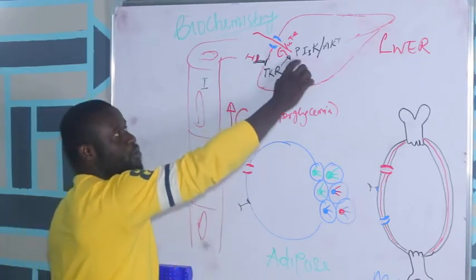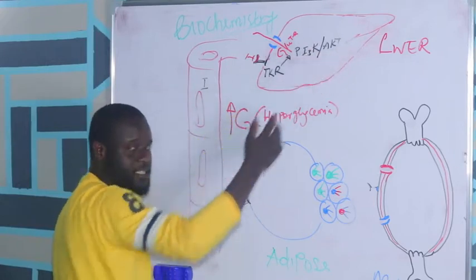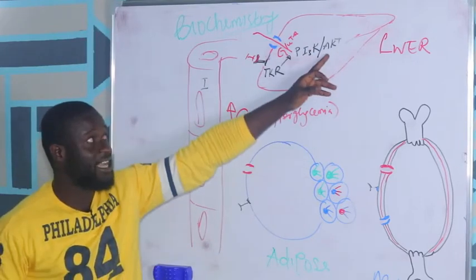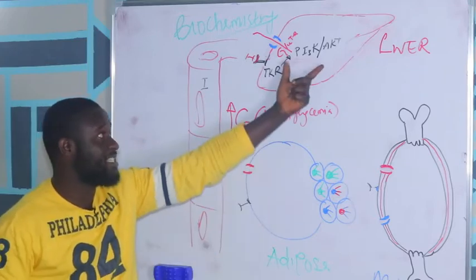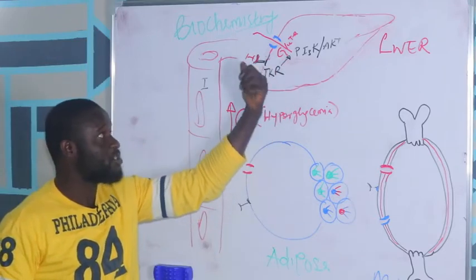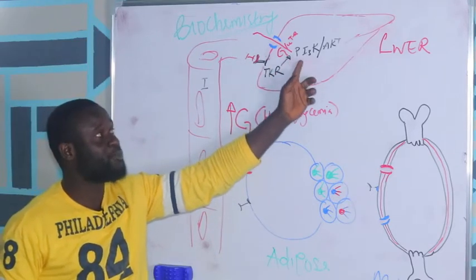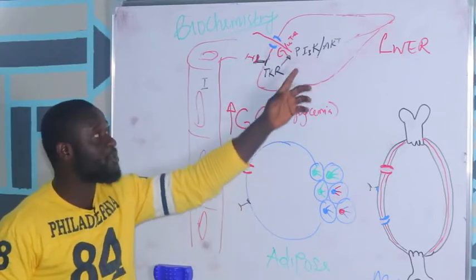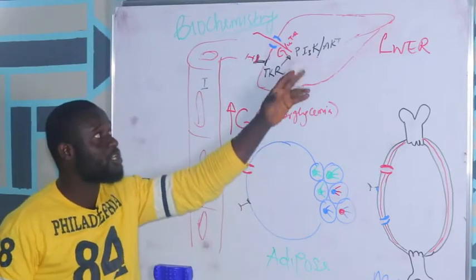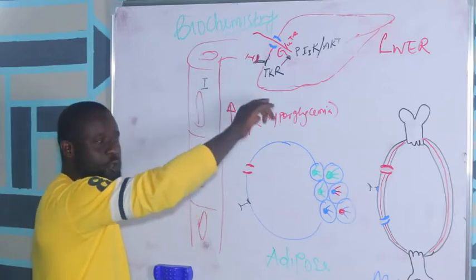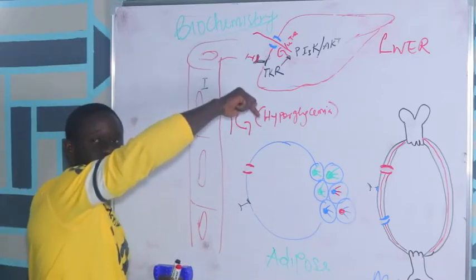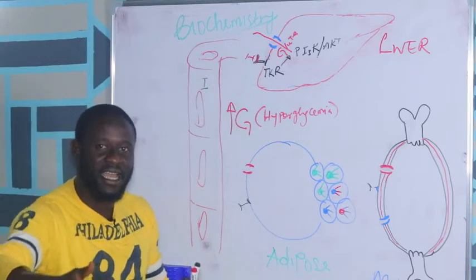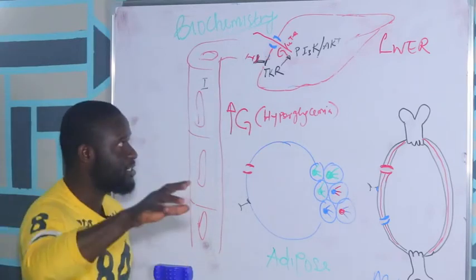AKT is a protein kinase B, another name for AKT is protein kinase B. This is the receptor which insulin binds to produce this particular intermediate. The function of this substance is to allow glucose that comes into the liver to be synthesized and become a product.